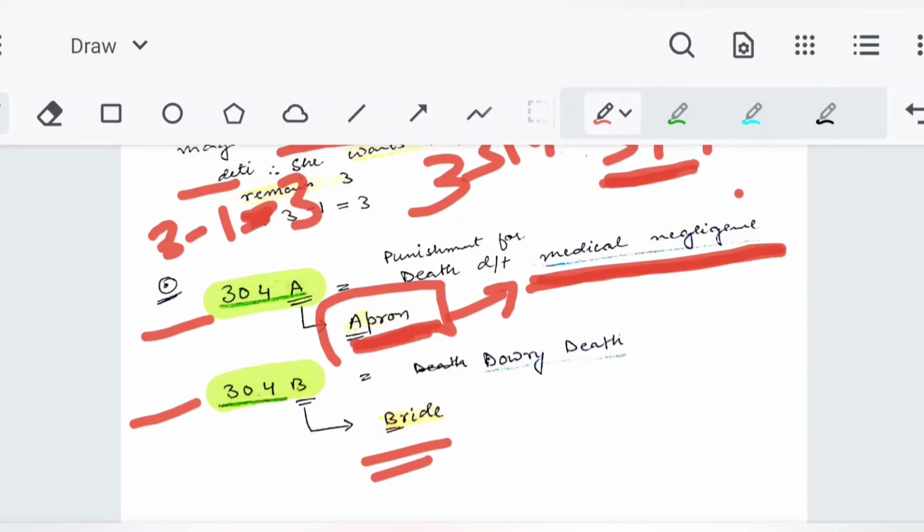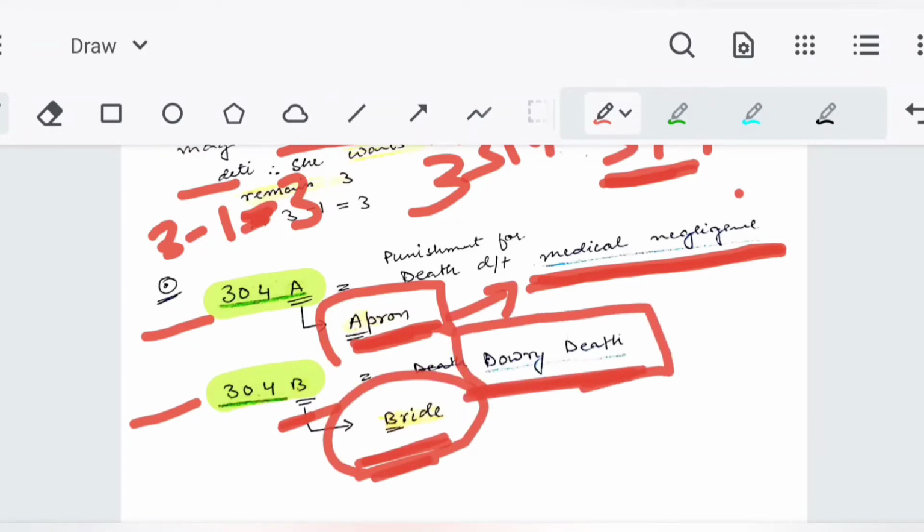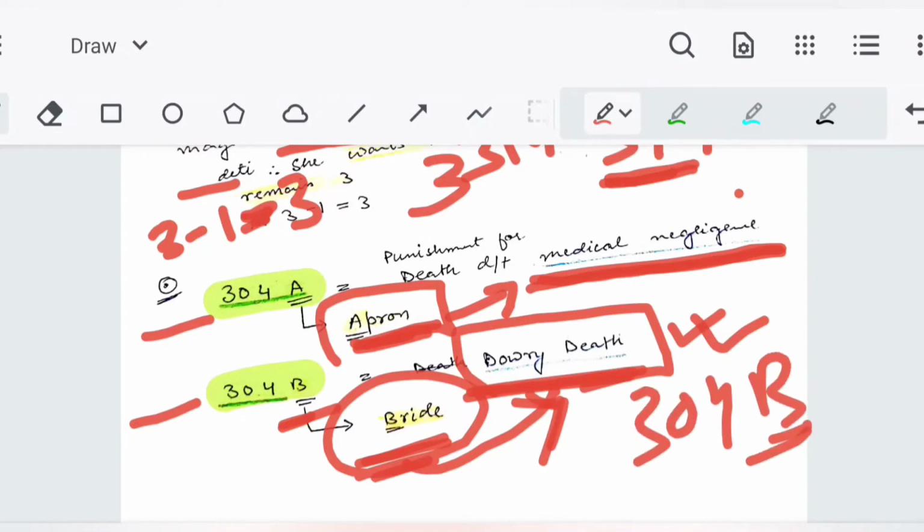So 304A is for medical negligence, and 304B, B is for bride. So dowry death, death due to dowry related causes, that is related to the bride. So 304B is for bride, 304B is for dowry death.